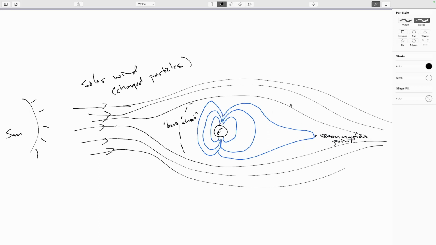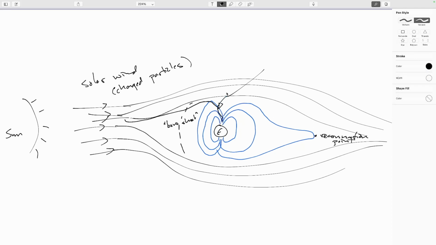And this is the region where the Earth's magnetic field is distinct from the sun's. But not all particles will deflect, or charged particles will deflect around. Some of them will kind of fall in. And when they do, what happens is they will corkscrew along the magnetic field line.